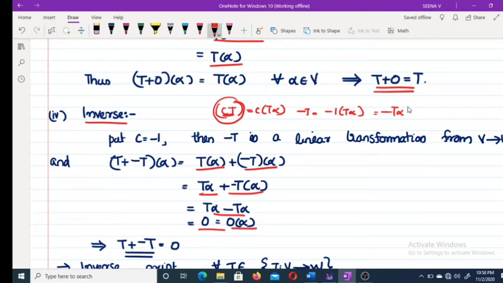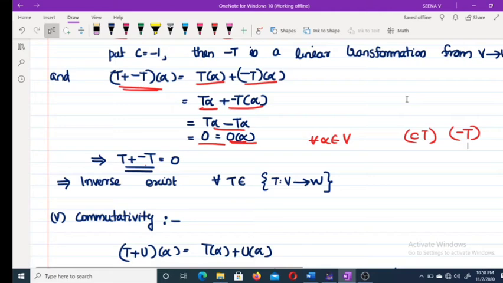Thus we get (T + (-T))(alpha) equal to 0(alpha) for every alpha belongs to V. This implies T + (-T) equals 0. As cT is a linear transformation, we get minus T is also a linear transformation; we are taking only c equal to minus 1. Therefore there exists a minus T belonging to our given set such that T + (-T) equals 0. Therefore inverse exists for every T belonging to this set.